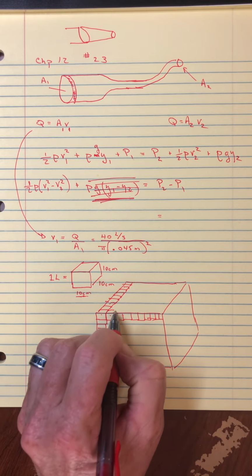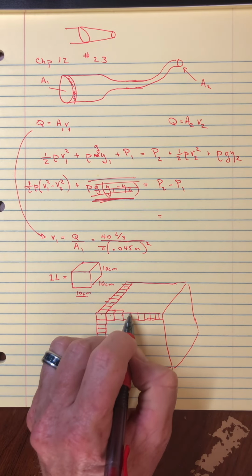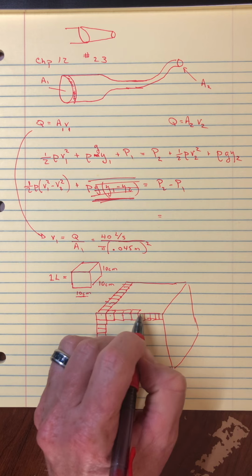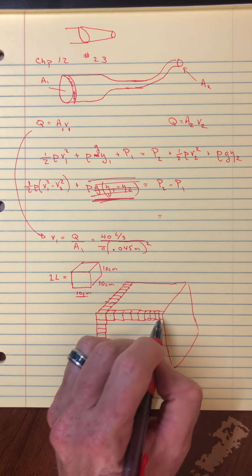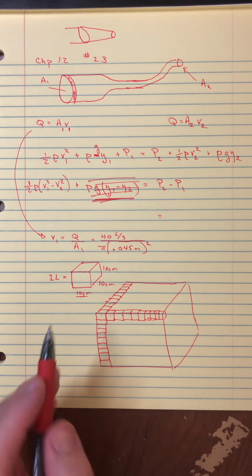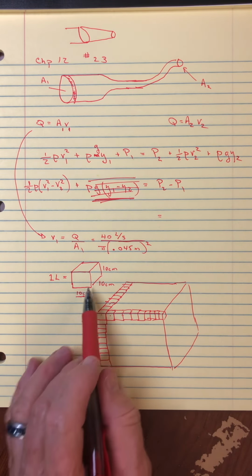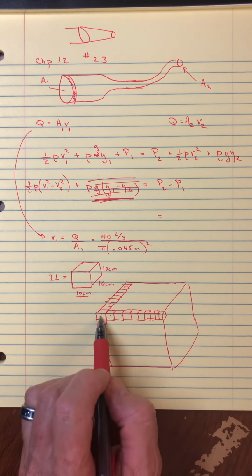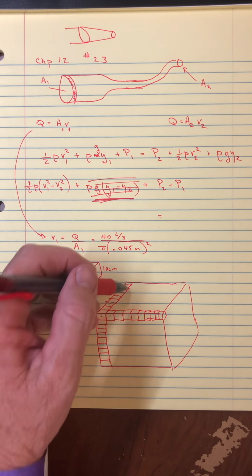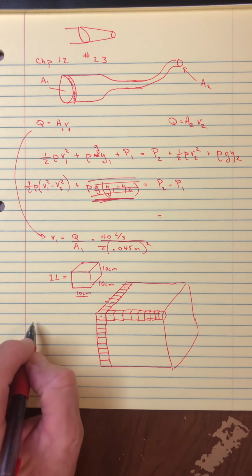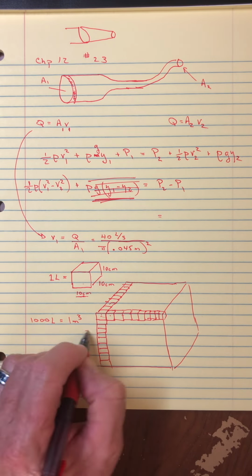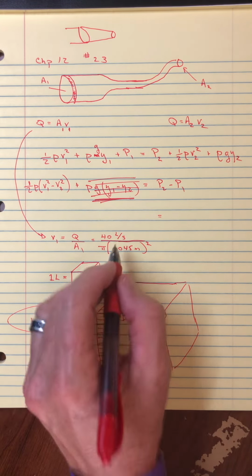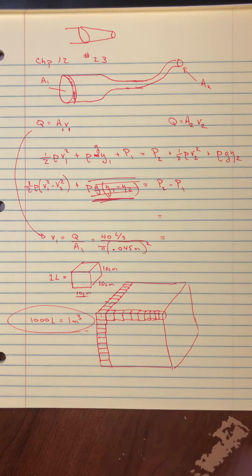So this is a mental way of saying that a cubic meter would fit 1,000 of these little boxes, because I'd go 10 across, 10 high, and 10 deep. So 1,000 liters must be in 1 cubic meter. So there's the unit conversion.